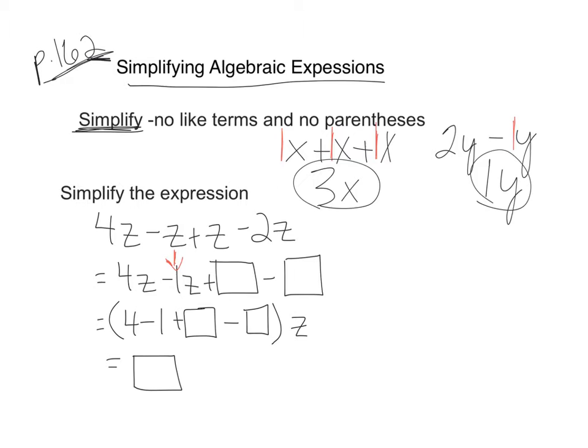So then similarly, for that next term, Evan, we could do what? 1z, right. And then the last part, we can just bring that down as minus 2z. Nothing changed there.